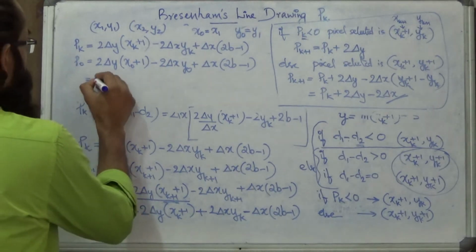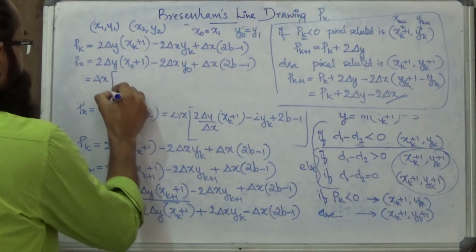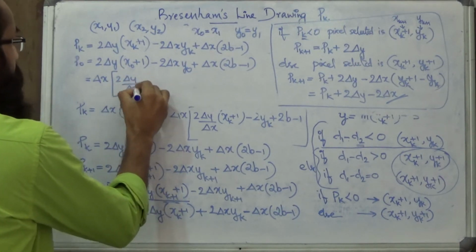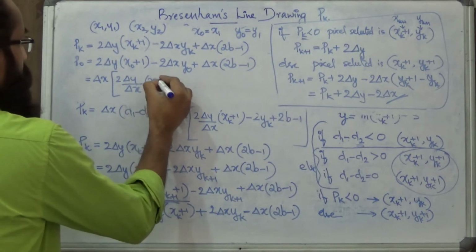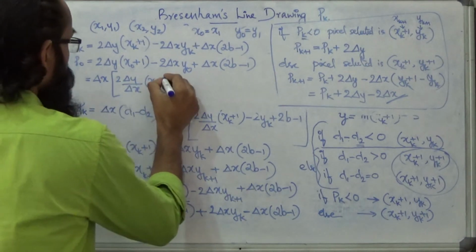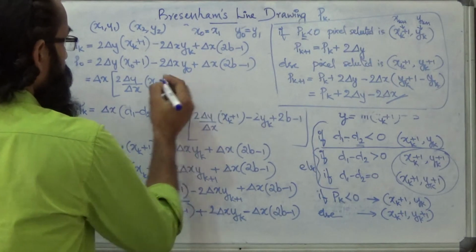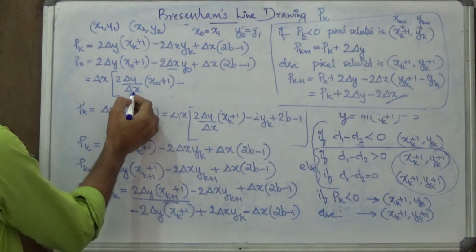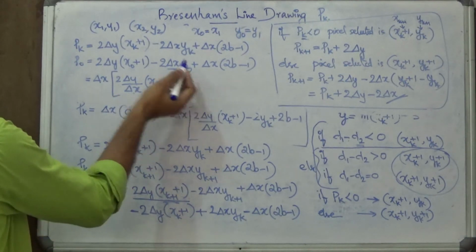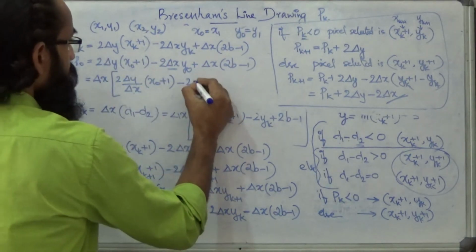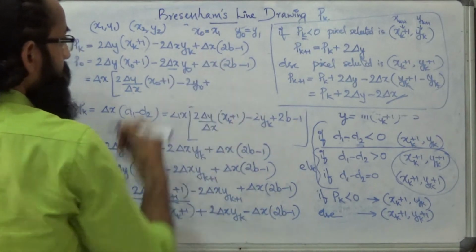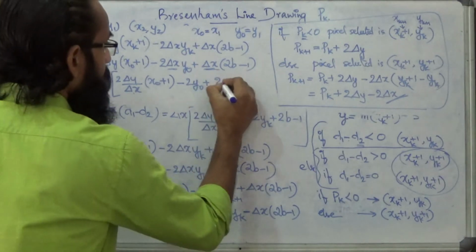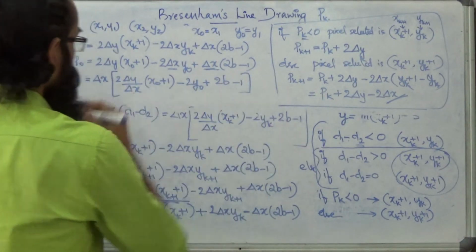If I take delta x outside, delta x into 2 into delta y by delta x into x0 plus 1 minus, since I am taking delta x outside, you have to divide it by delta x. So you will be getting 2 into y0 plus 2b minus 1.